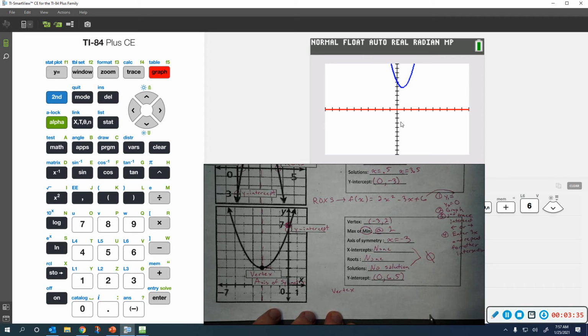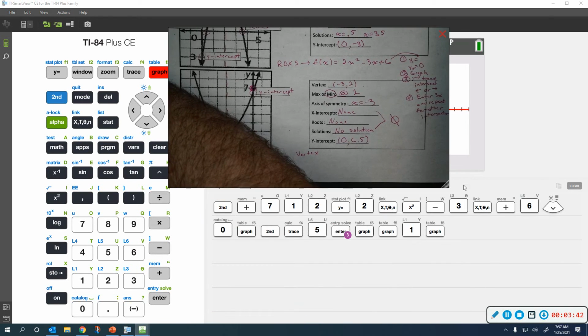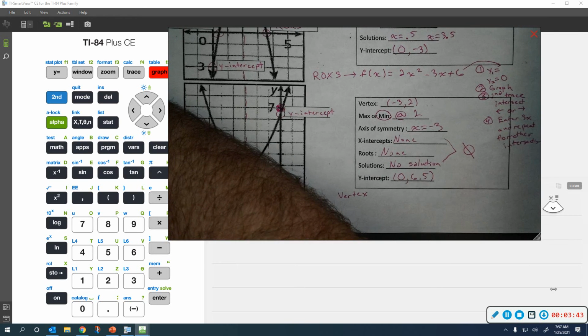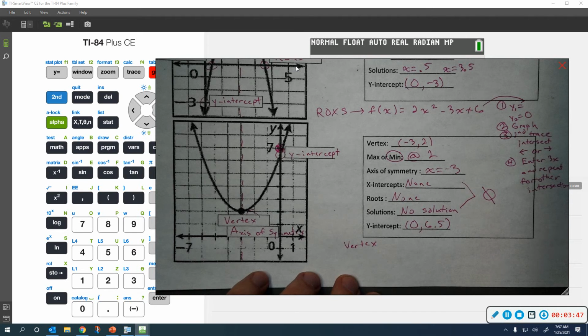Now, to find the vertex, you go through very, very similar steps. So we'll write out the steps, and then we will graph it on our calculator. So step 1, and we'll just take the same equation.